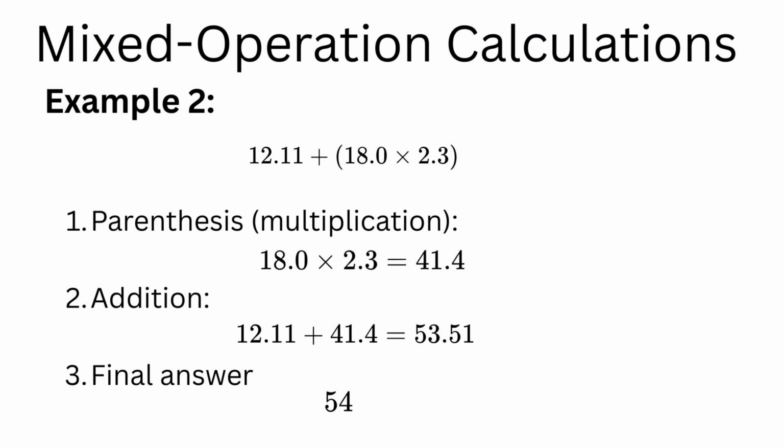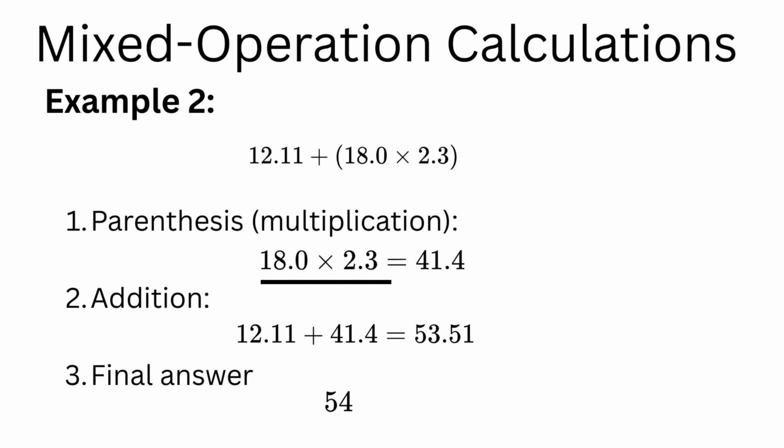Example number 2, a little bit different order. 12.11 plus, in parentheses, 18.0 times 2.3, parentheses closed. So in this case, the operation inside the parentheses, again, according to PEMDAS, will be your first operation. 18.0 times 2.3. Your calculator will give you a number of 41.4.